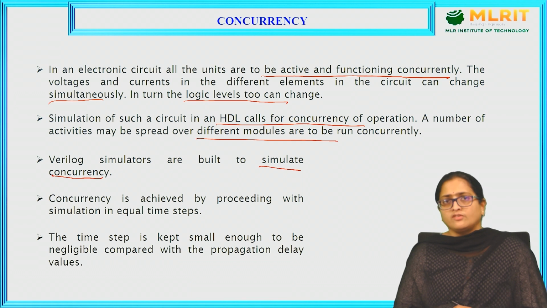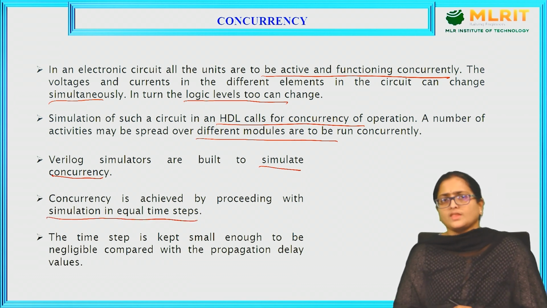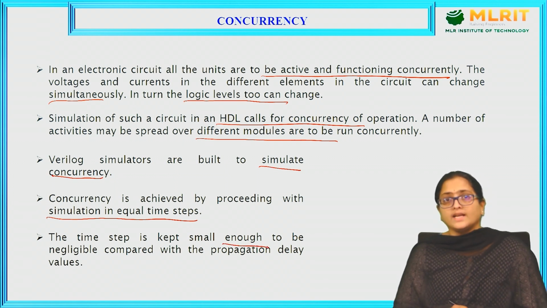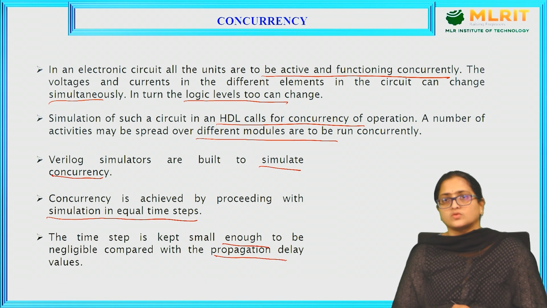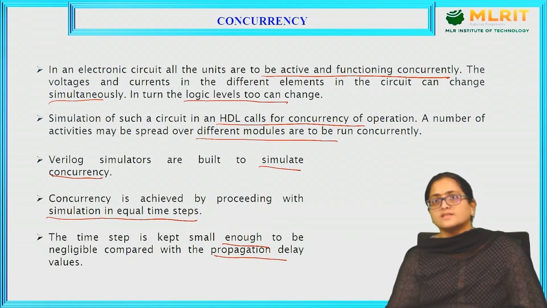Concurrency is achieved by proceeding with the simulation in equal time steps. The time step is kept small enough to be neglected compared with the propagation delay values. So all the code which we have written in Verilog is going to be executed at equal intervals of time, which is said to be concurrency.